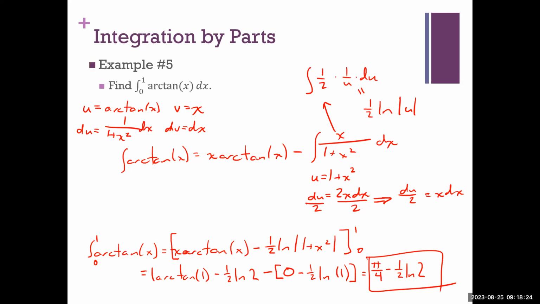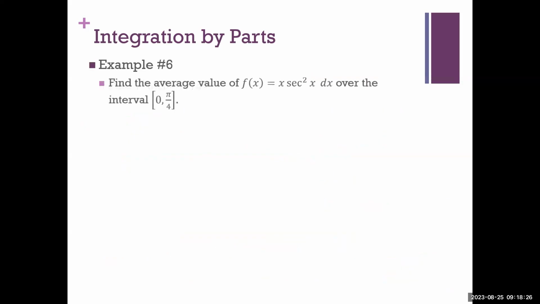All right, last one. Average value. Is this something we remember from our Calc 1 days? How do you find the average value of a function over some interval? You take the integral and divide by the length of the interval. Right. So basically, how would you find the average height of the people in this room?